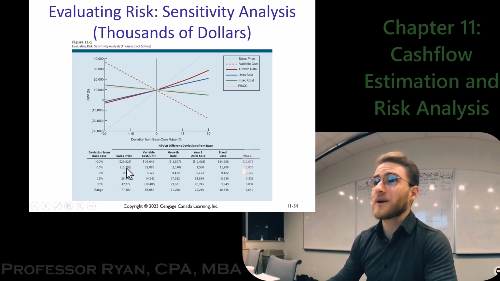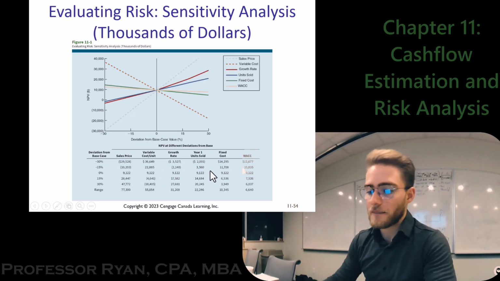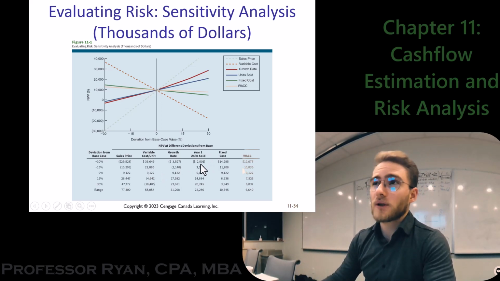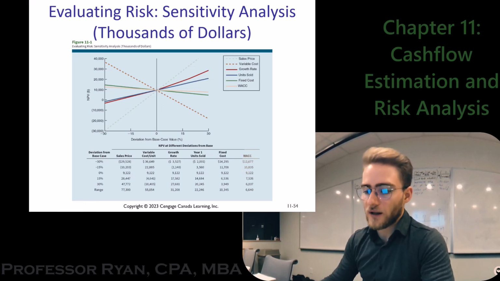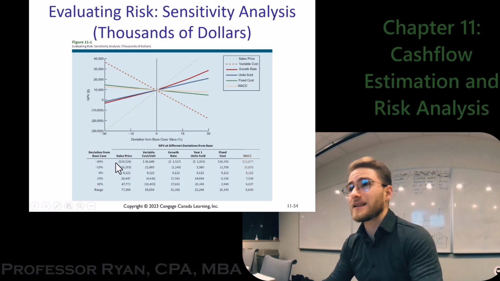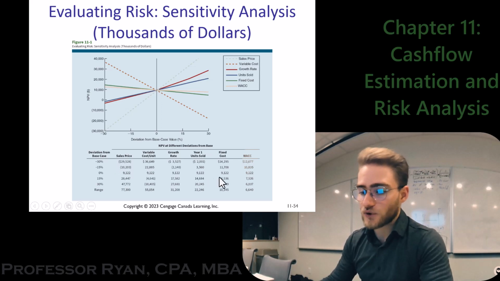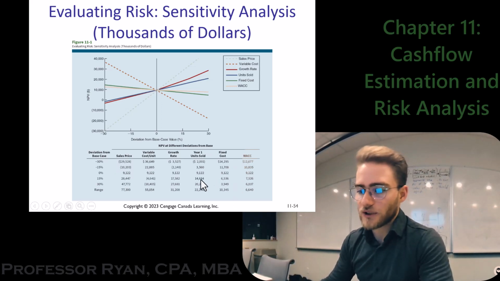My sales price fluctuating has a massive impact, whereas my number of units sold has a much smaller impact to my NPV. I can take a 30% hit to the number of units I sell and only have a loss of $2 million, whereas if I take a 30% hit to the sales price, I have a loss of $29 million, right? And then same deal with fluctuations in fixed costs.